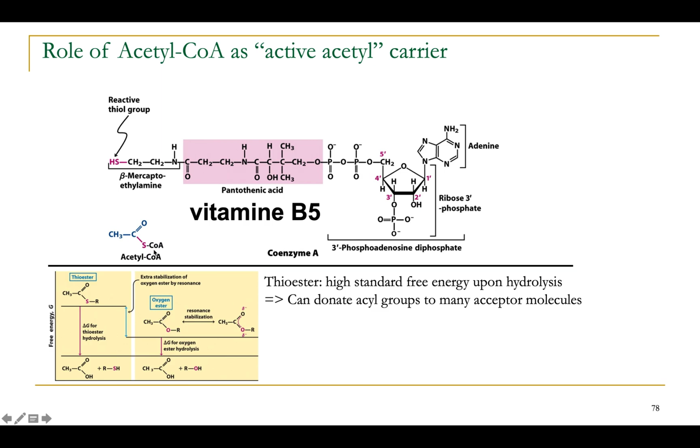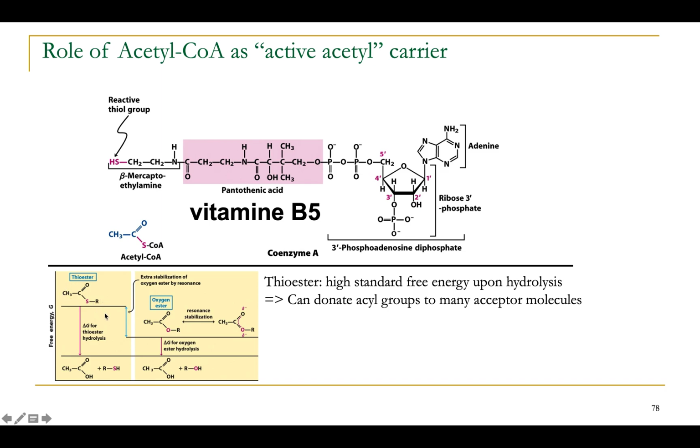And if we compare this thioester with a normal oxygen-based ester, in normal esters there is a way for pi electrons between two oxygen atoms to delocalize, thus stabilizing the compound. There is no such way in a thioester.